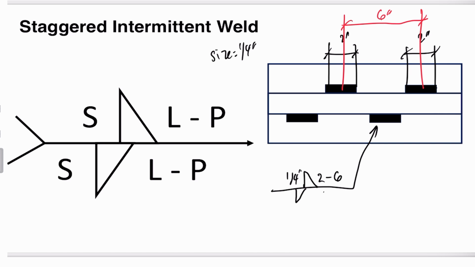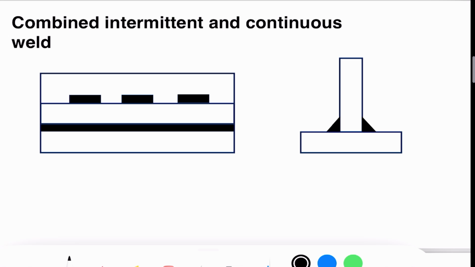Similarly, you can put the size on the left side and the length and pitch on the right side. You can also combine intermittent and continuous weld. As you can see here, both sides of the joint have fillet welds, but on the other side it has intermittent welds, and on the arrow side of the joint it has a continuous fillet weld.